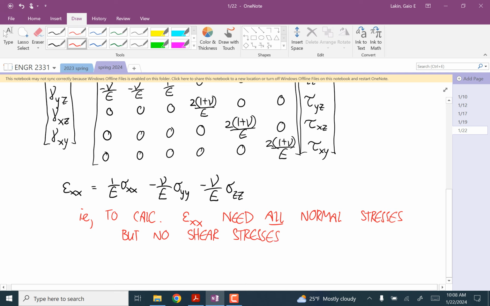So that XX normal strain depends on all of the normal stresses, but none of the shears.